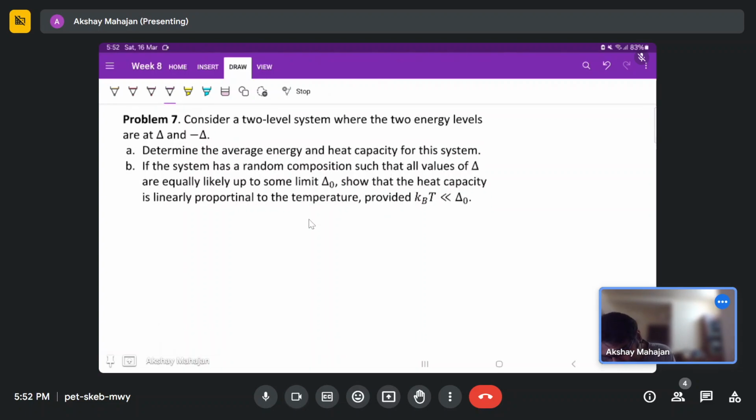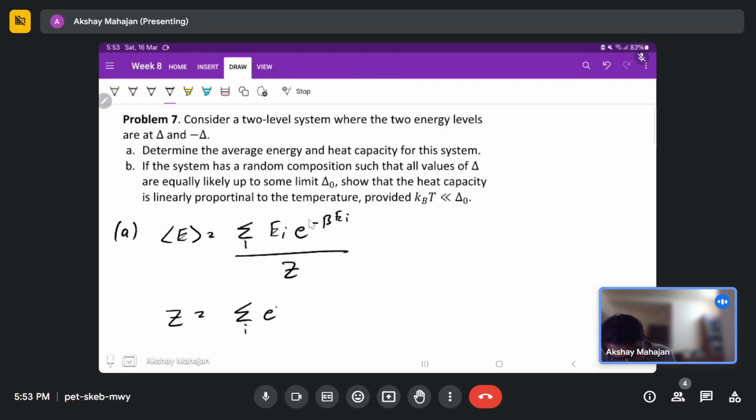Alright. So first we have to find the average energy. That's an easy part. We have already found it several times. Average energy is the summation of EI e to the power minus beta EI by Z, where Z is our partition function, given by the summation of e to the power minus beta EI, where beta is equal to 1 by kBT.